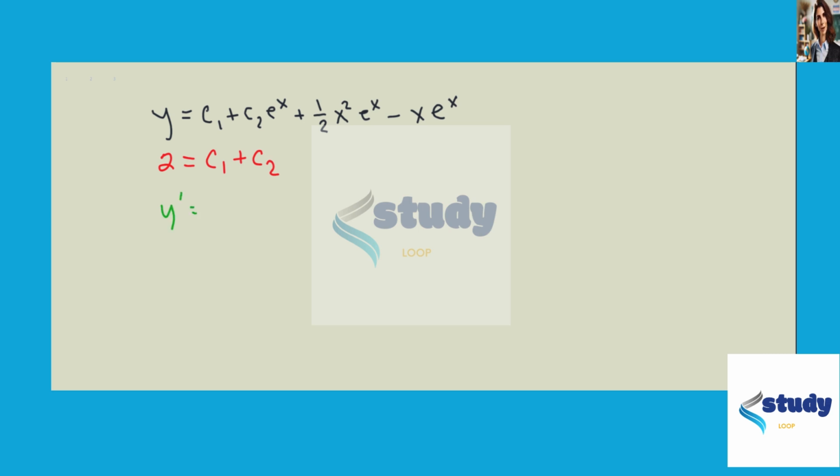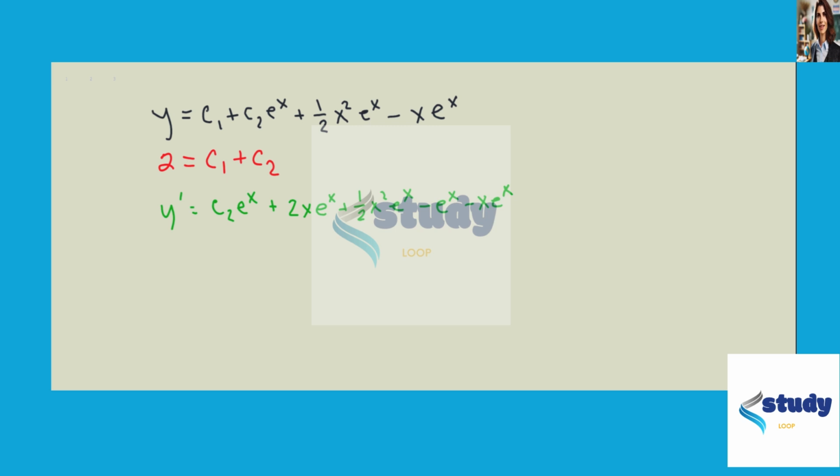Y prime equals c2 e to the x plus 2x, product rule, 2x e to the x plus 1/2 x squared e to the x minus e to the x minus x e to the x.